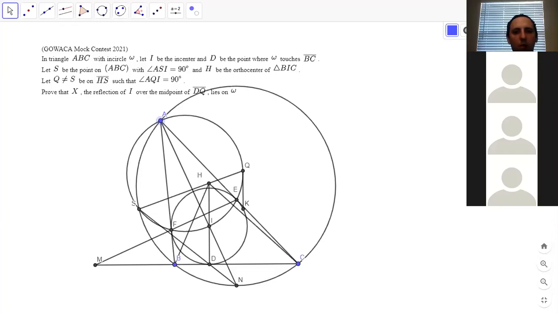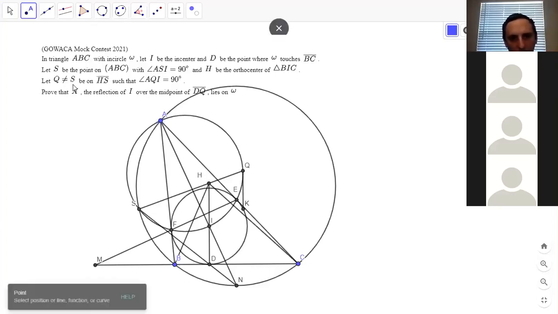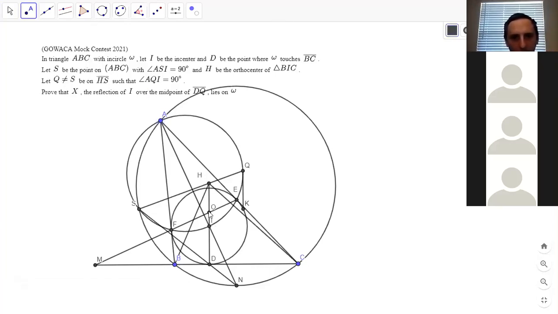Let's see. So yeah, what do we know about the Feuerbach point? I forgot the proof of it. And name the intersection of HD and EF. HB and EF. So right here. I'm sorry, this point. HB and EF.